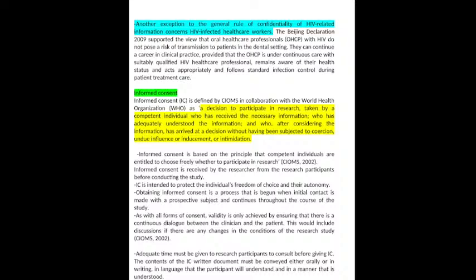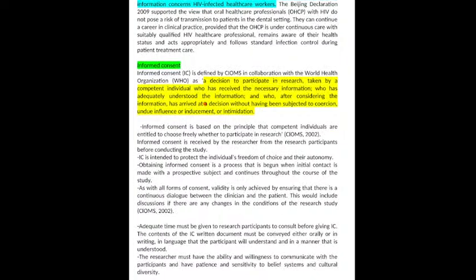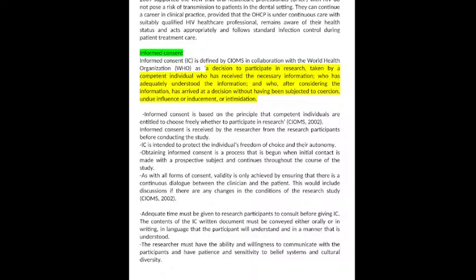Now, the second ethical issue under care and management of HIV is informed consent. Informed consent has to do with you agreeing to what is being done. For example, a decision to participate in research: if we want to pick some patients and use them for certain trials, they should have information about what we are going to do.